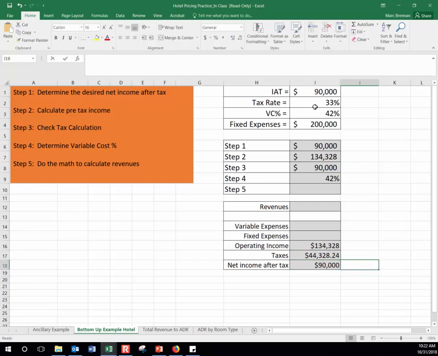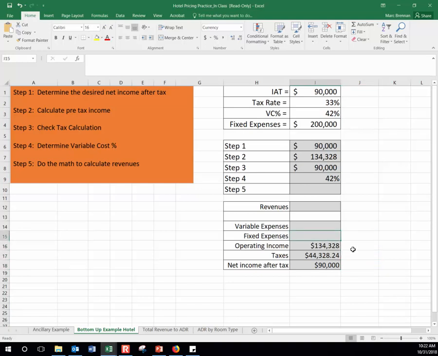Again, as always, let's make sure we've done our math properly. 134,328 minus my taxes, and we'll leave out the cents because we're just talking about thousands of dollars. Sure enough, there's 90,000. We've done the math properly.